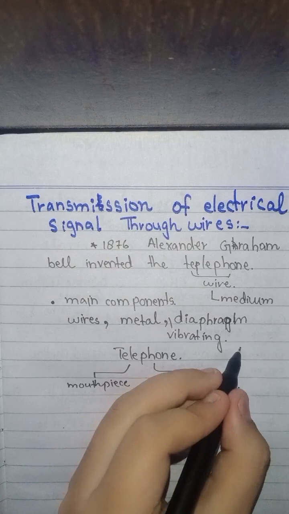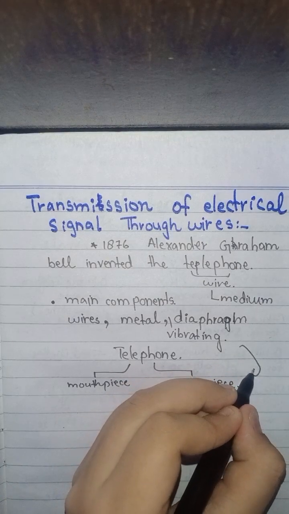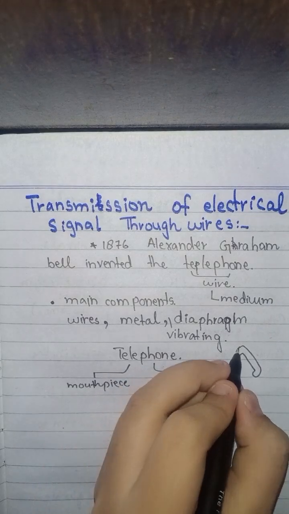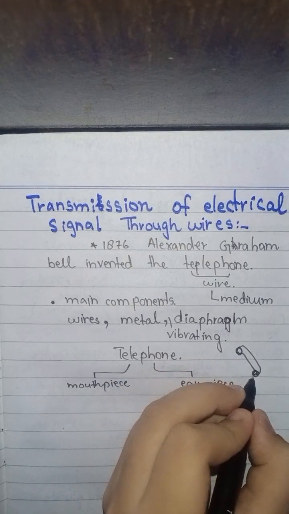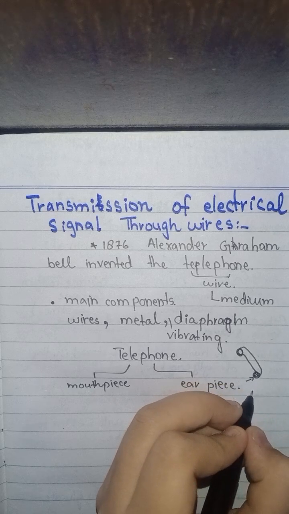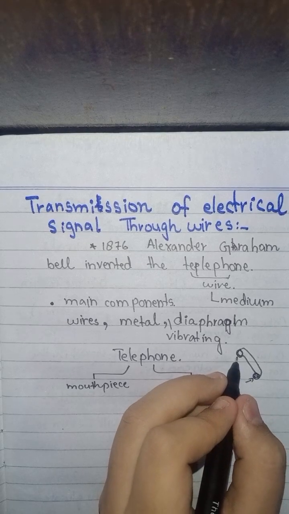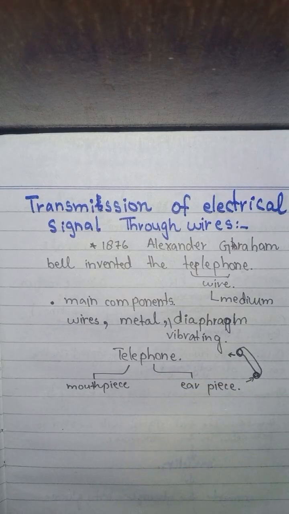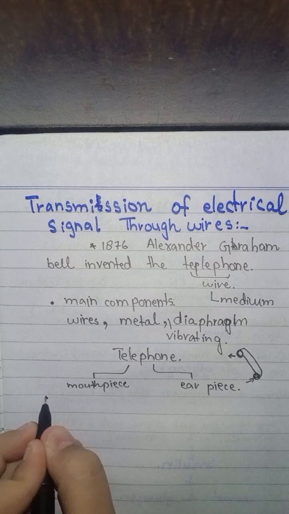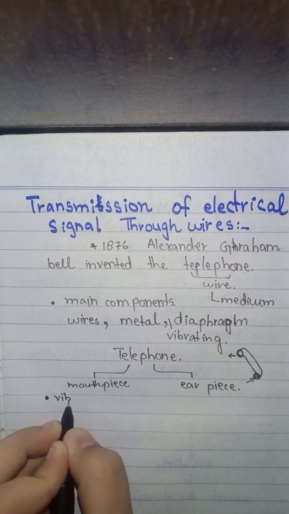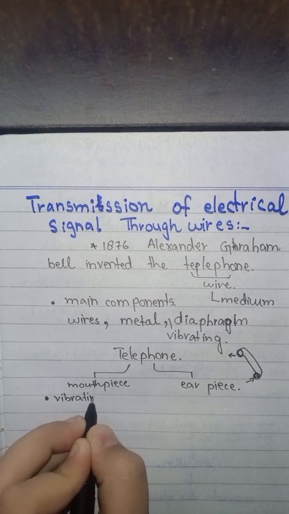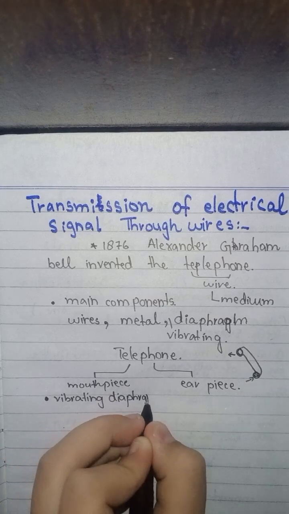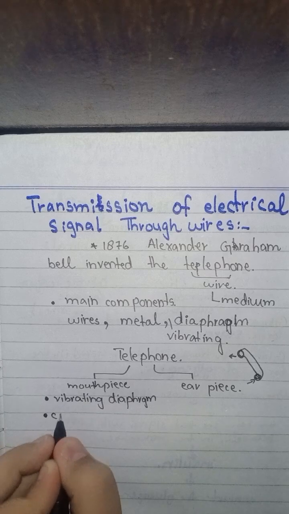See, this was the picture of the telephone, like here you can see. Okay, so this side we put on our ear and this side on the mouth, from which we produce the sound, and the other person receives that from the earpiece. Okay, so here in the mouthpiece we have a vibrating diaphragm and we have carbon granules.